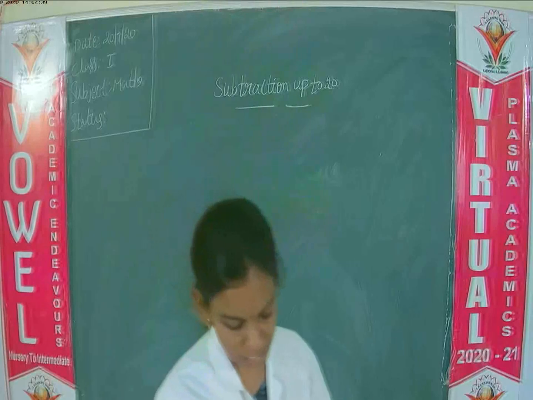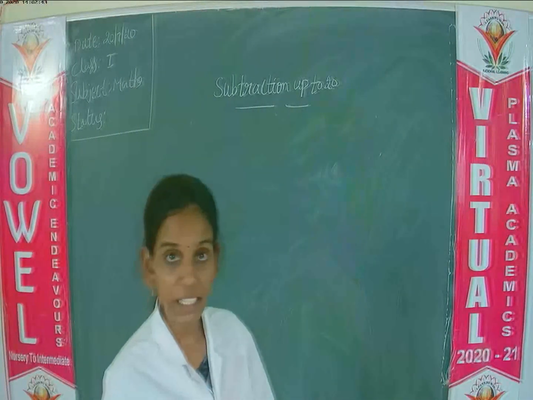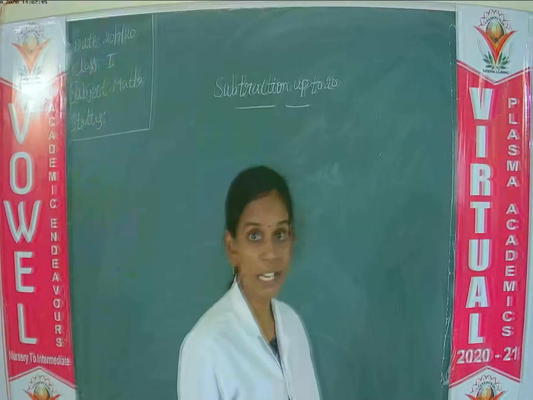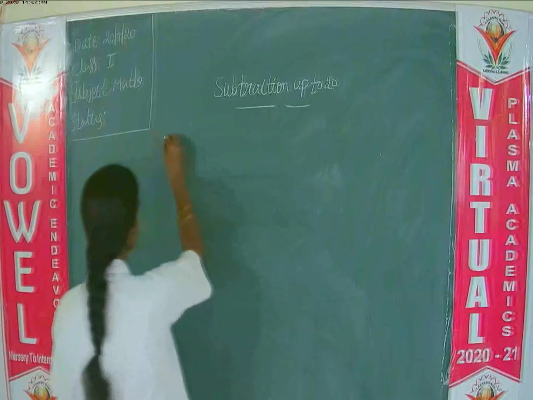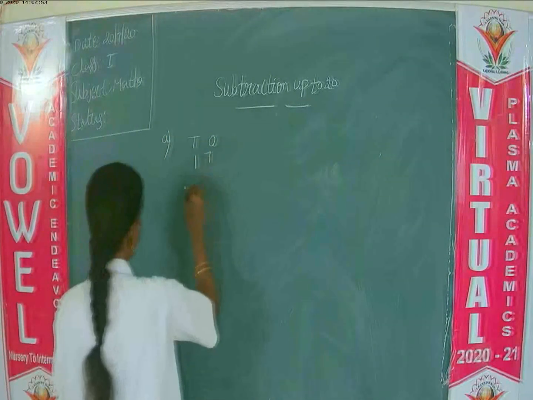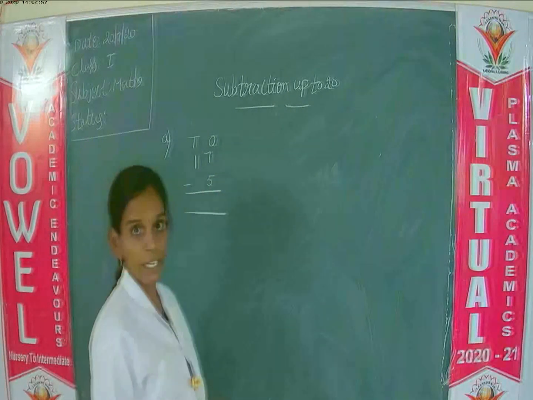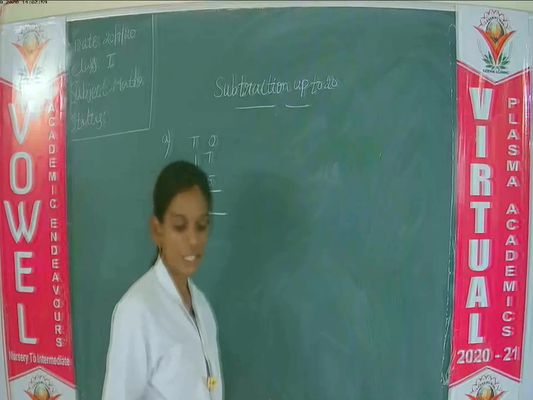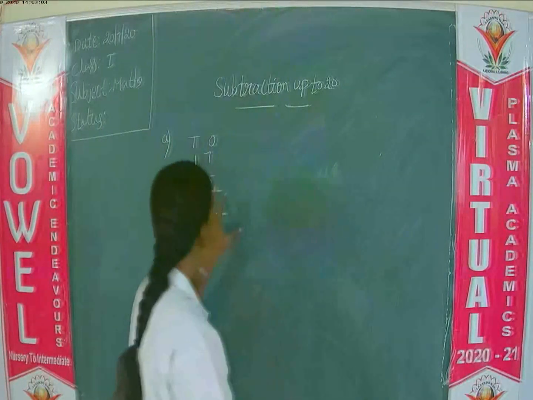Now the next concept is cross out the lines to find the difference. See, children, 17 minus 5. How to do this one?